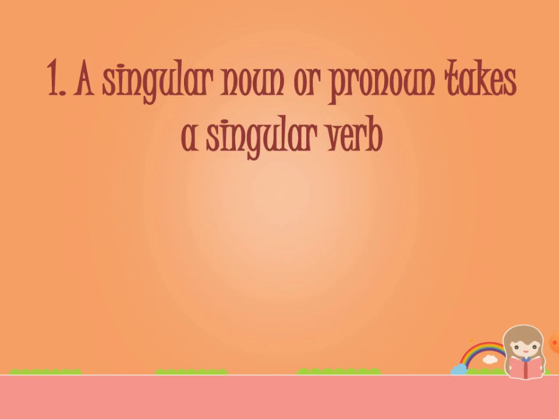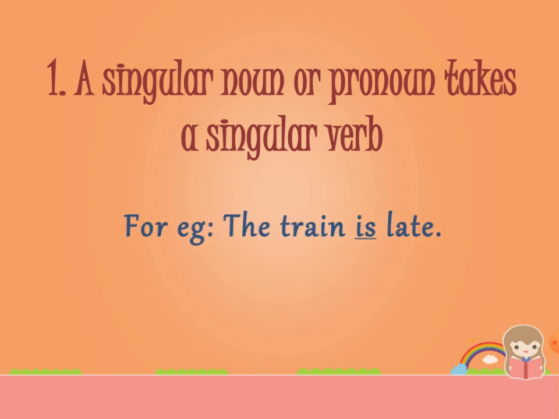Rule number 1. Whenever you get a singular noun or a pronoun, a singular subject, you have to use a singular verb. For example, the train is late. Now here the train is a singular subject.